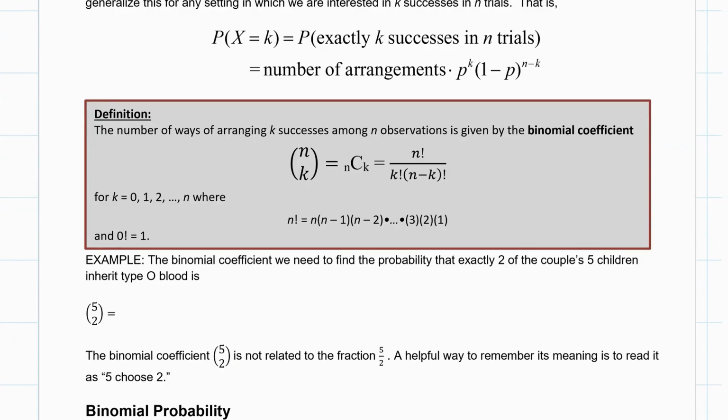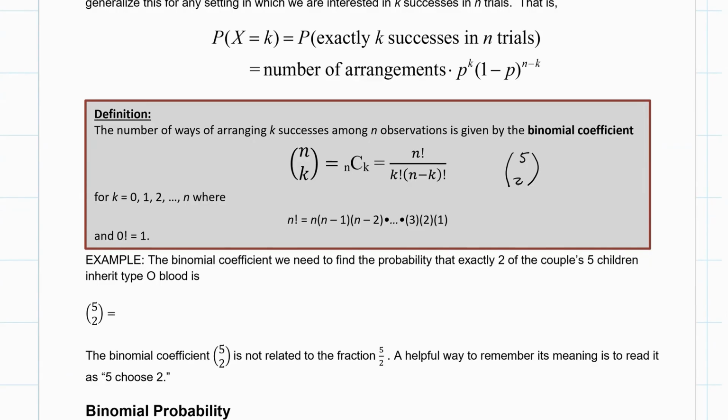So for example, we might call this idea that we want to find out how many different ways there are to have two successes in five trials, 5 choose 2, using this notation.